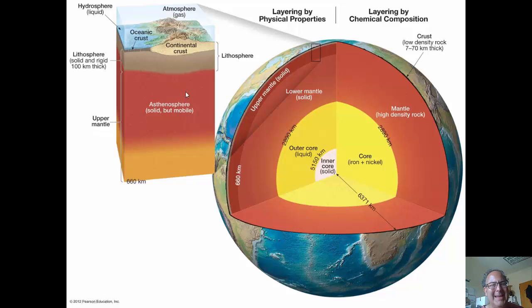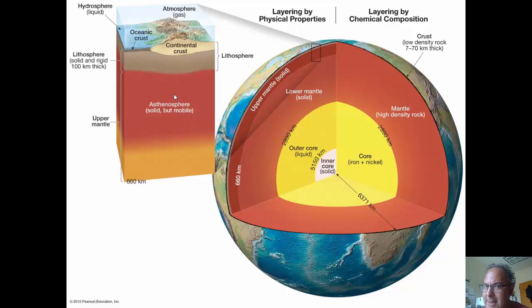And in places, it's a little bit liquid. Now, it's mostly solid. It's a solid that flows, like Play-Doh, silly putty, or glacial ice. But in places, the asthenosphere has melt in it. Small amounts, like 3%, 5%, something like that. The asthenosphere, as you can see in this illustration, is located in the upper mantle.